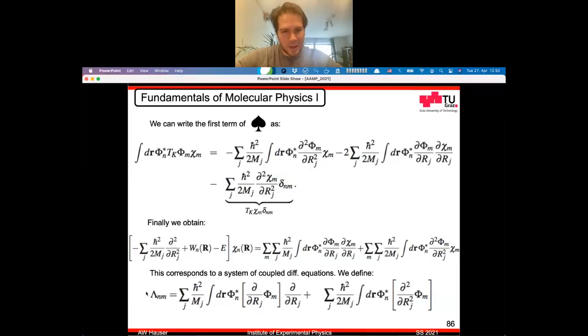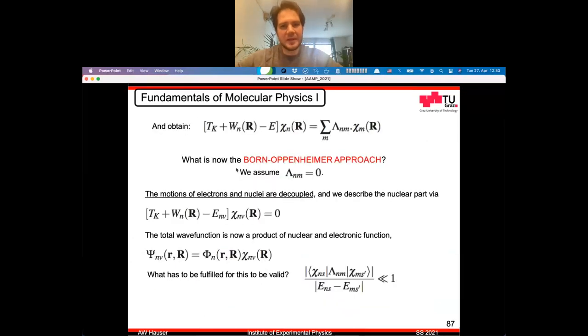So lambda nm is basically what's left from this second derivative that we had through the kinetic energy operator for the nuclei. Delta nm, and so we still have the sum over m outside, so we end up with this equation in the end.